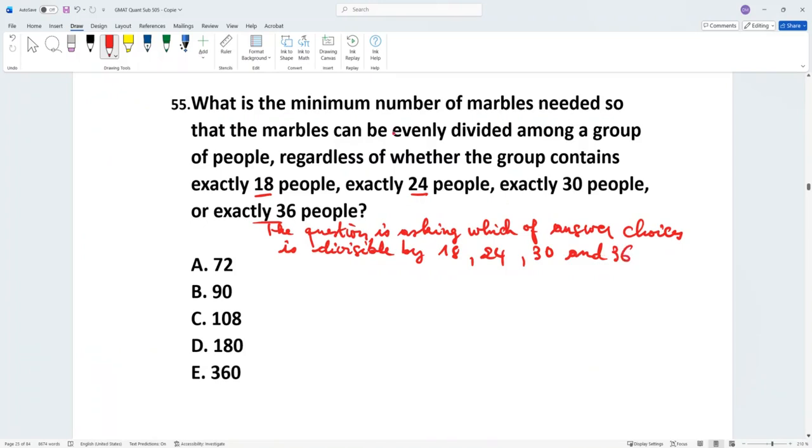Because it says the minimum number of marbles needed so that the marbles can be evenly divided among a group of people.